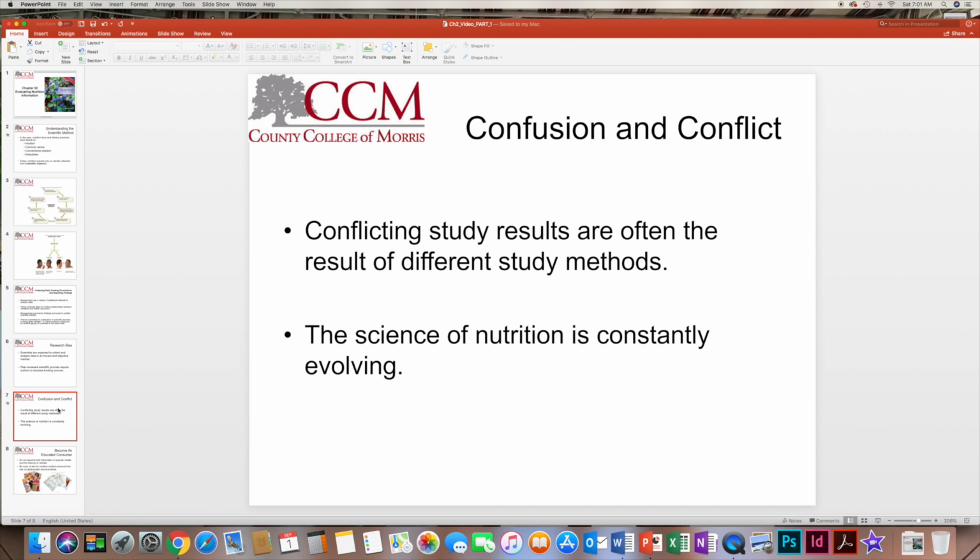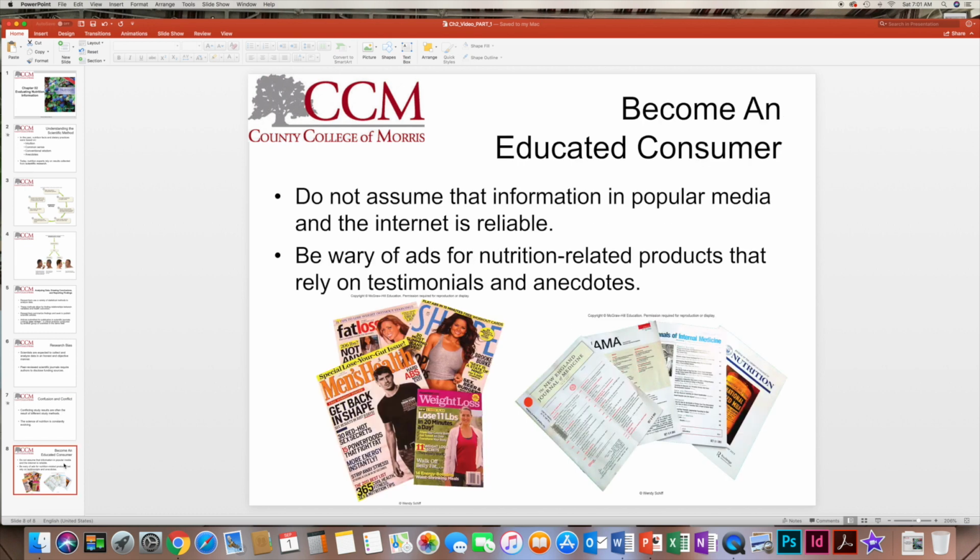It's continually changing. So most important for you is that you become an educated consumer. Don't assume that all the information in popular media or on the internet is reliable. Be aware that there are going to be some products, testimonials and stories that are done just because people are getting paid to do it.